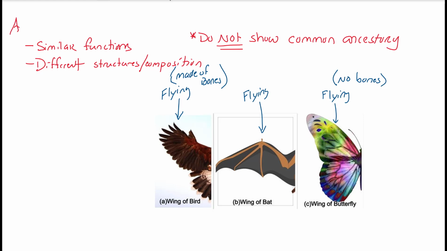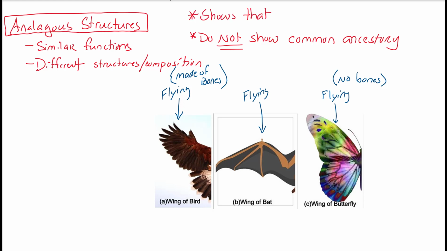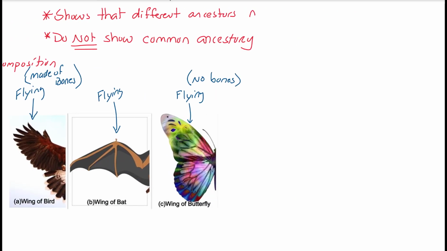This shows two very different populations developing the same characteristics, probably because they were in very similar environments that selected similar traits.